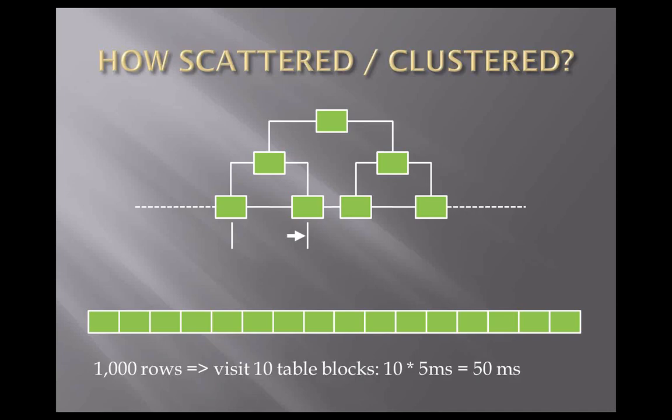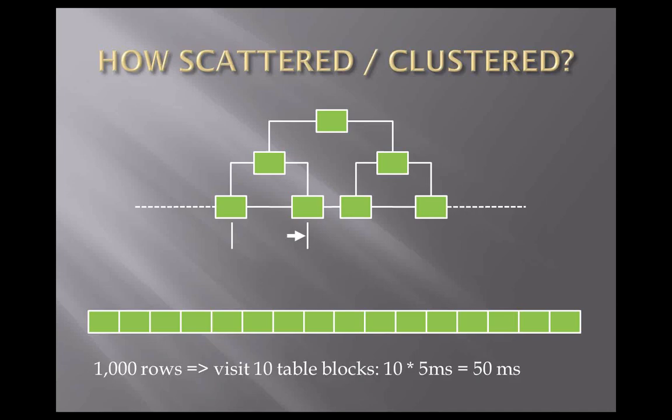This also means that if you know about this clustering or know about this scattering, it might be more efficient to access 1,000 rows that are clumped together in 10 blocks instead of visiting 200 rows that are spread across 200 blocks.